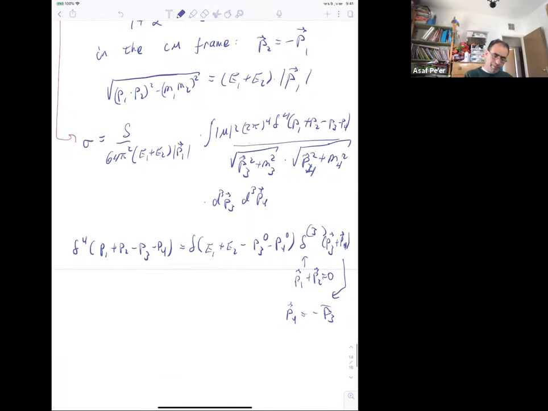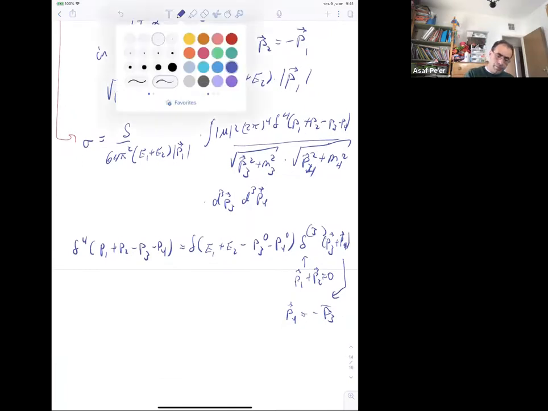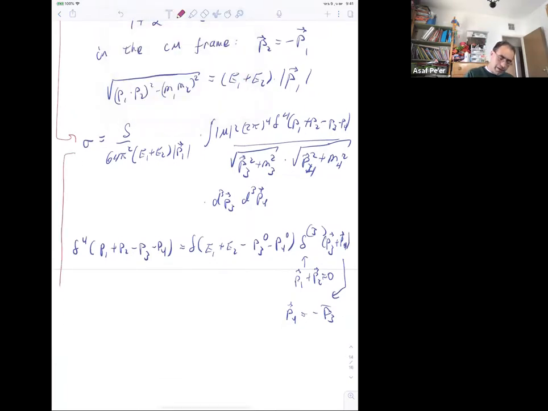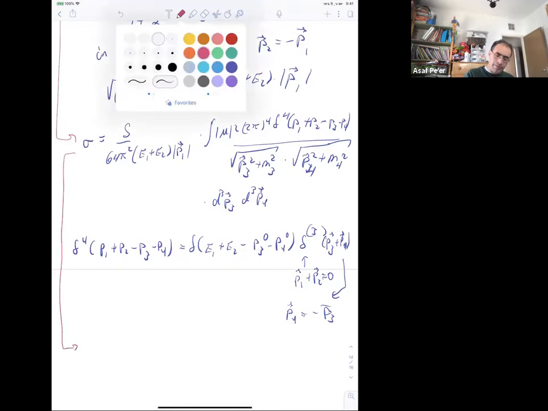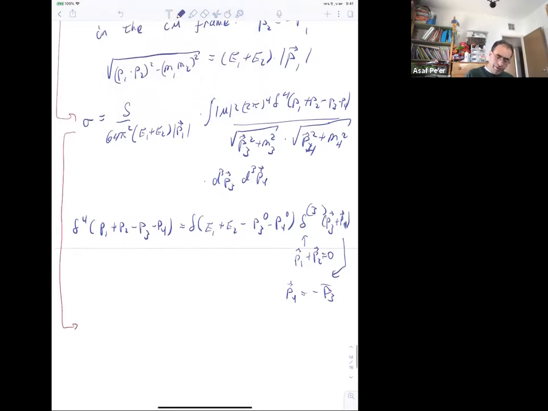And so we end up with sigma being just S over 8 pi squared. Again, check me, I'm not going carefully over all the pi's, so just check that I didn't make anything stupid here.